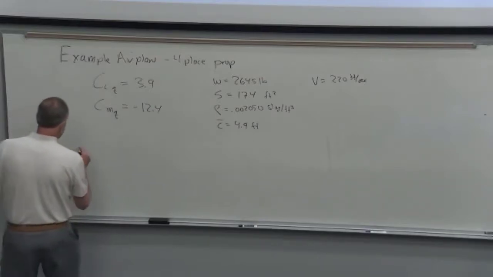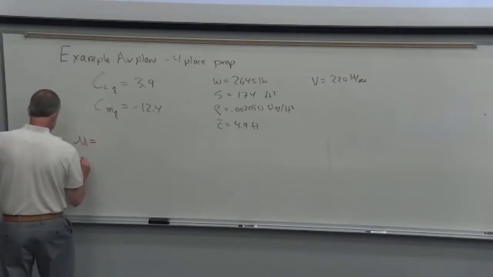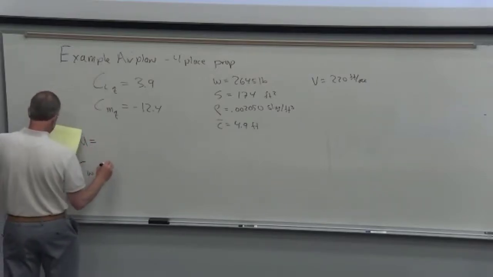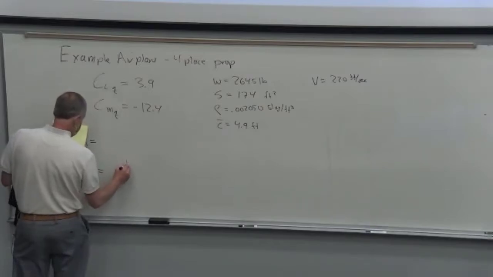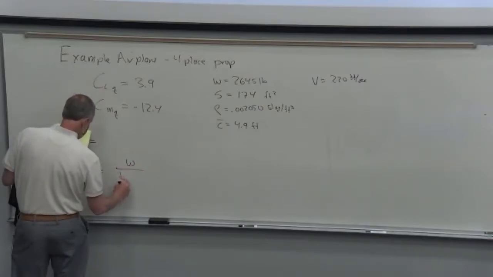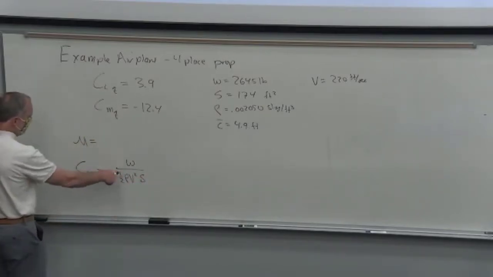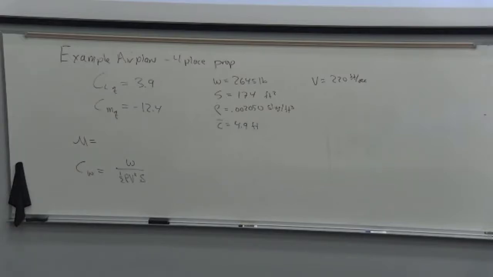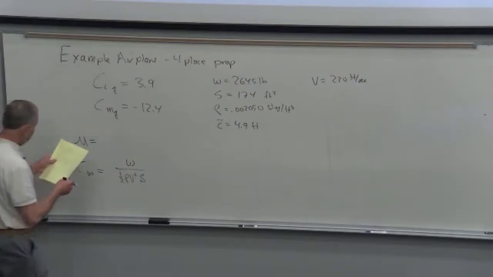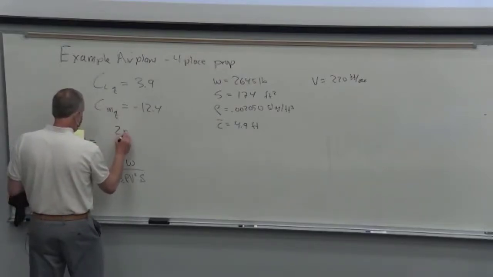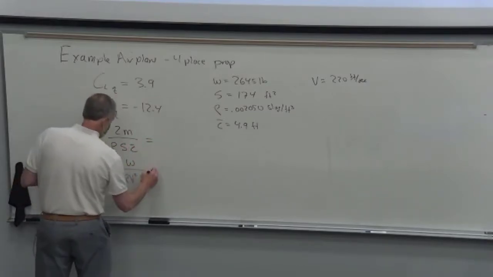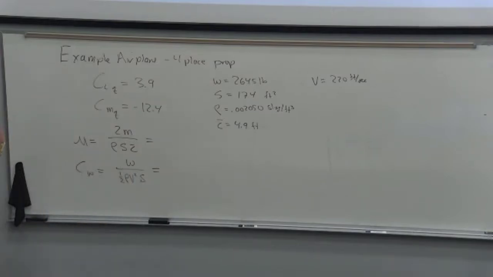Yeah, so we're going to go ahead and we need mu for the formula that we just wrote, and then we're going to need CW in a minute. So let's do both of those now. CW is really the level flight trim lift coefficient, right? Lift equals weight divided by Q infinity S. And then this mu thing was 2m, and you should have everything that you need to calculate that.